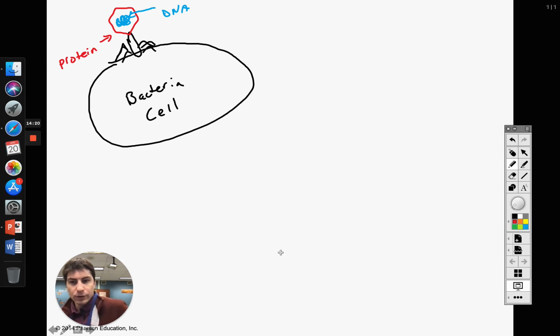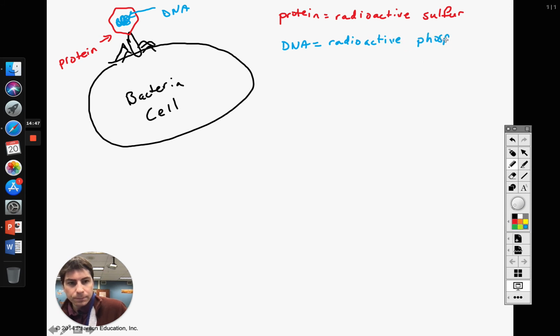So for the protein, they used radioactive sulfur. For the DNA, they used radioactive phosphorus. Could also say phosphate, but phosphorus isn't phosphate.